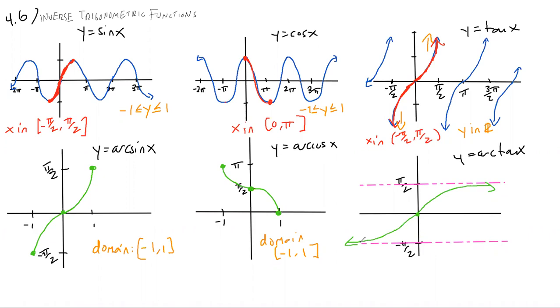And so our arctan function is actually this really nice curve that has two different horizontal asymptotes on the left side and the right side, and a domain of all real numbers. So it's a pretty nice function.